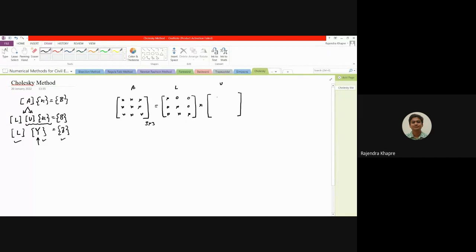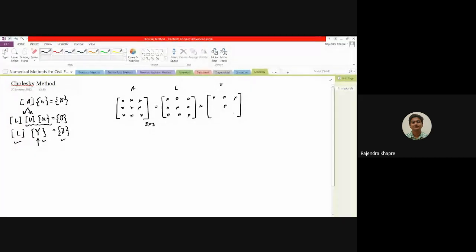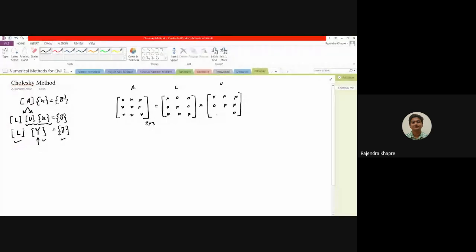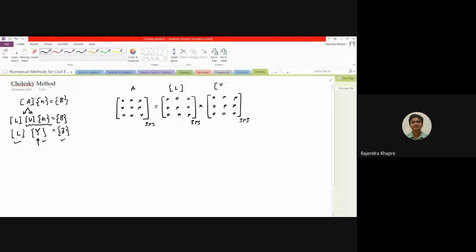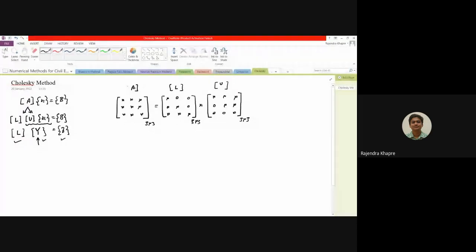It has values in the upper triangle, and the lower triangle entries are 0. This matrix will also be of size 3 by 3, such that if you multiply L with U, you get back your original matrix A. This is the concept.